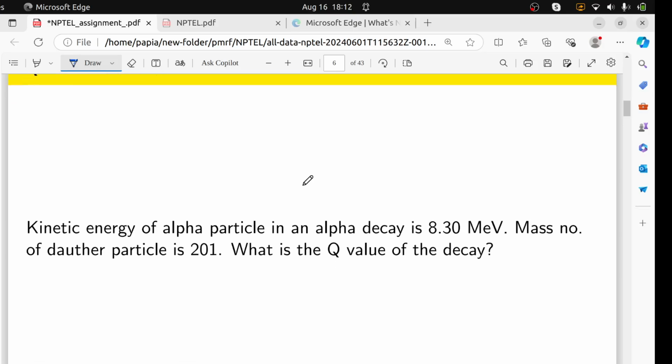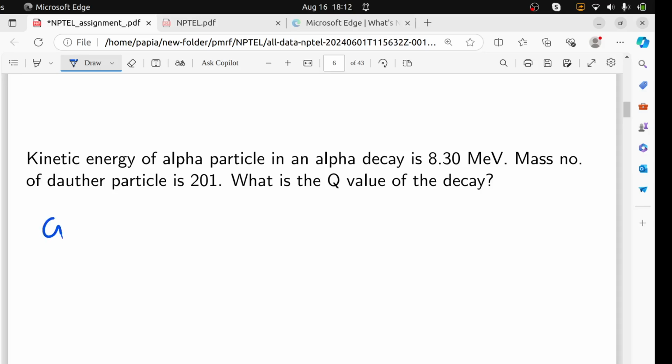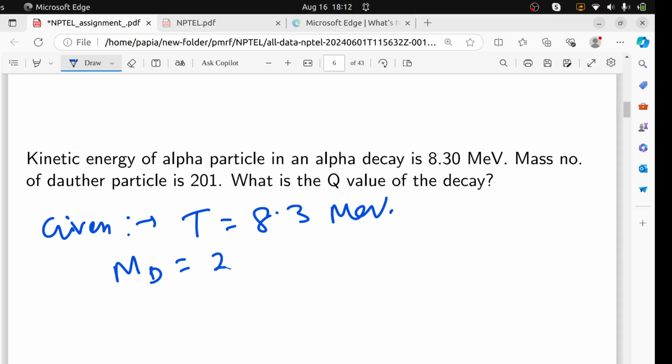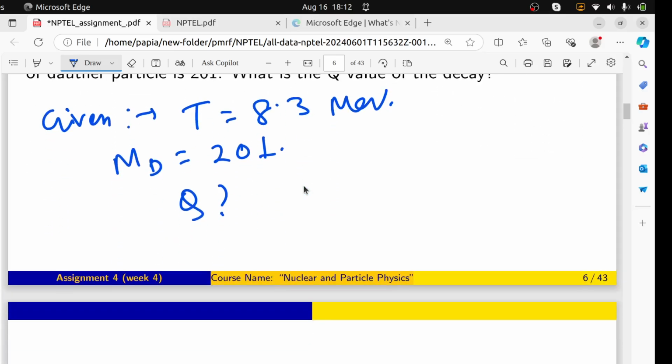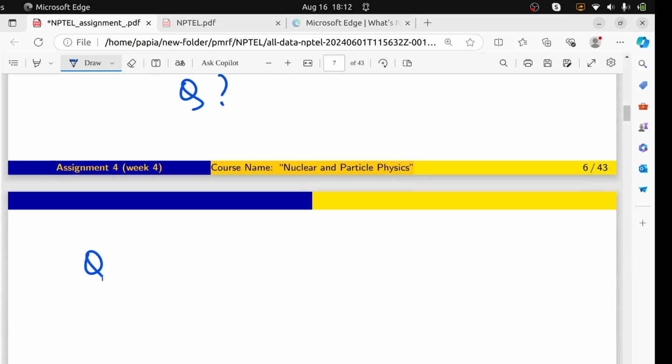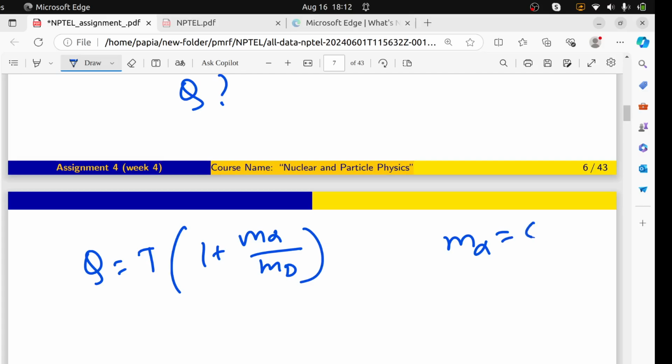So again I'm just going to do that one quickly. Here what are the given values? Kinetic energy, that means T is 8.3 MeV. Now the mass number of the daughter particle, that means MD, is given as 201. They are asking what will be the value of Q. Q is obviously T into 1 plus M alpha divided by MD, and M alpha is given as 4.